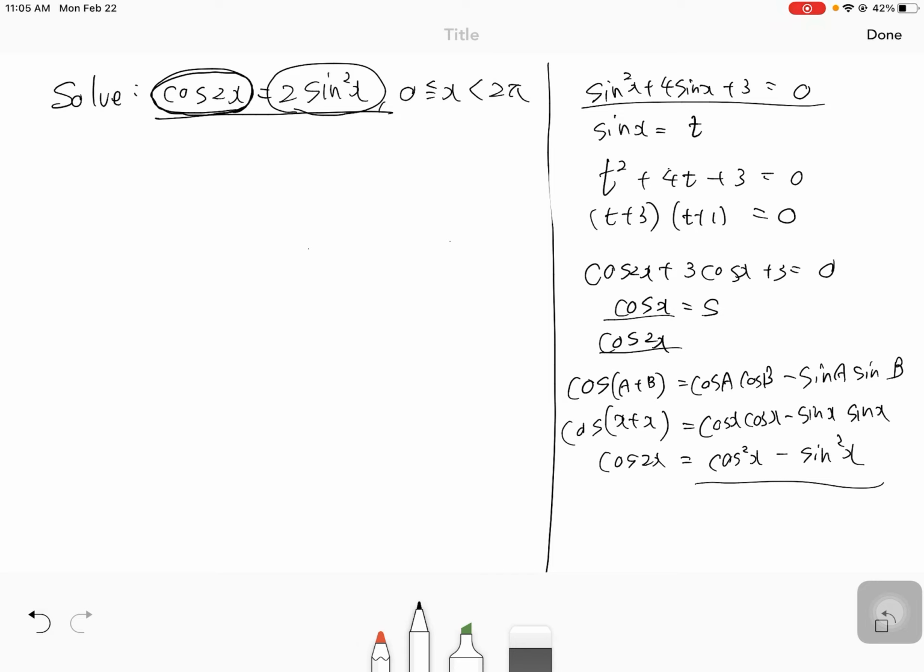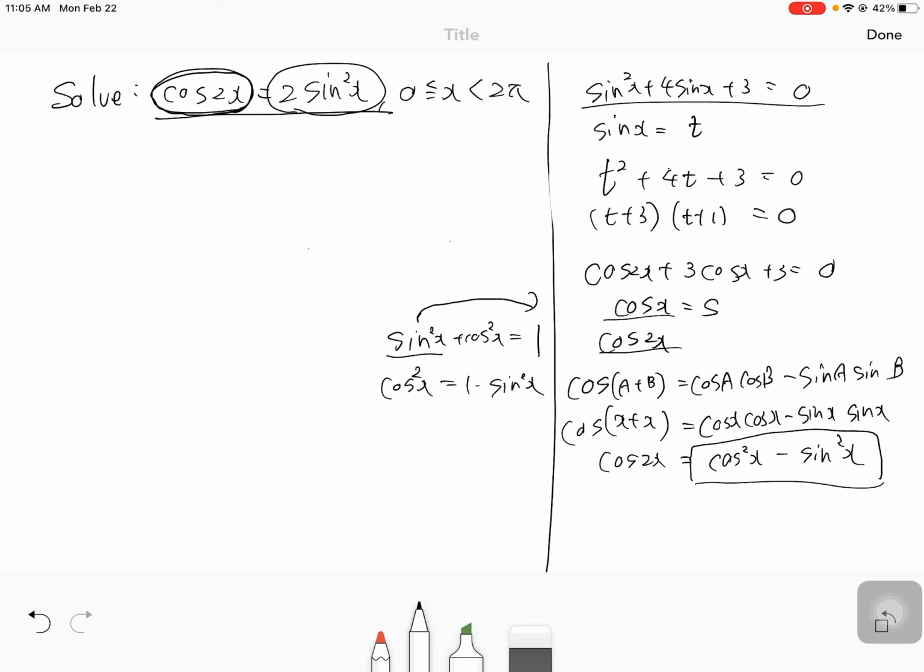The right side is sine in this equation, so let's make it have all sine. To convert it, I use this equation: sine square x plus cosine square x is equal to 1. Then if you move this sine square x into the right side, you can create another equation, which is cosine square x is equivalent to 1 negative sine square x.